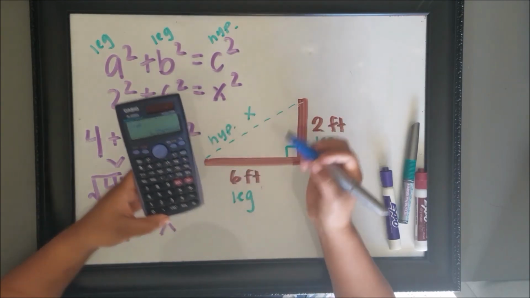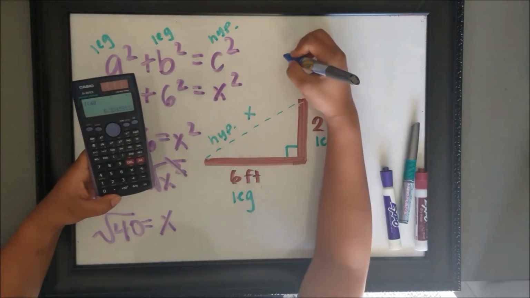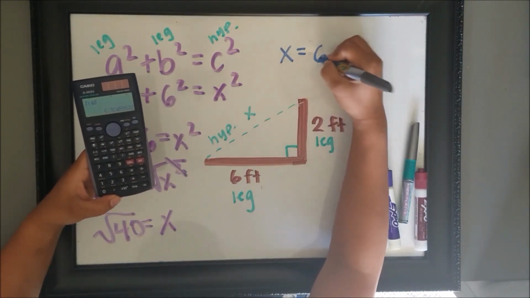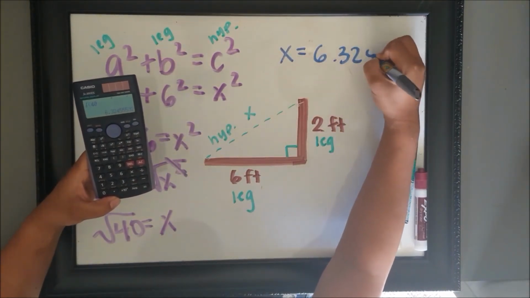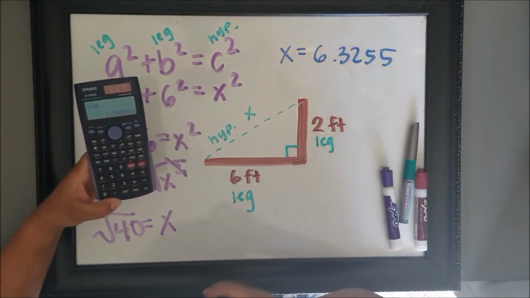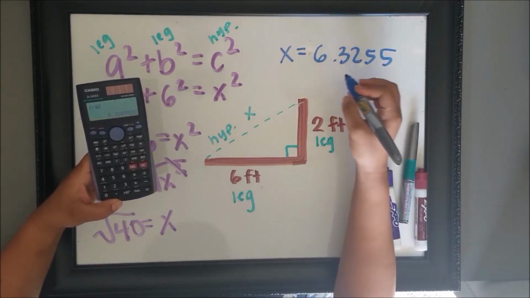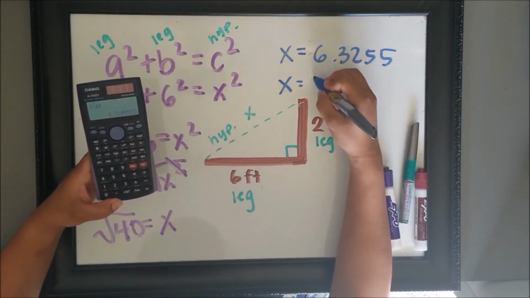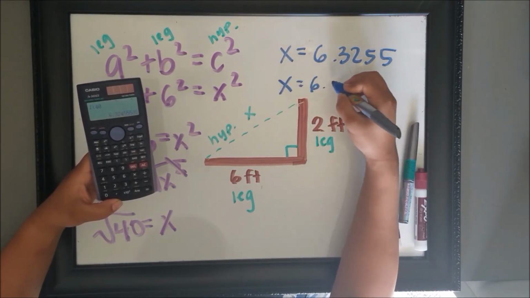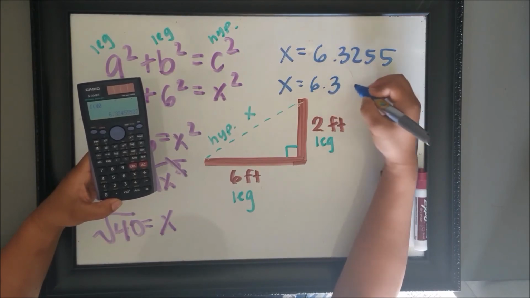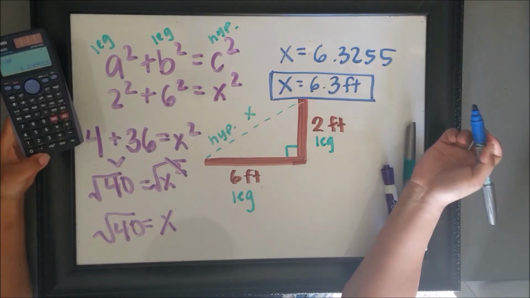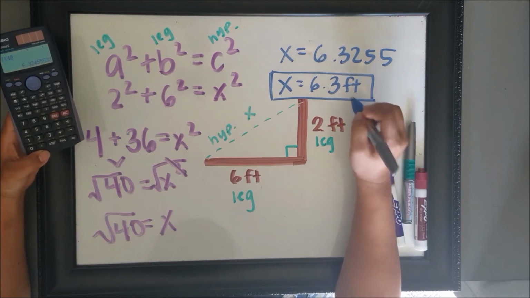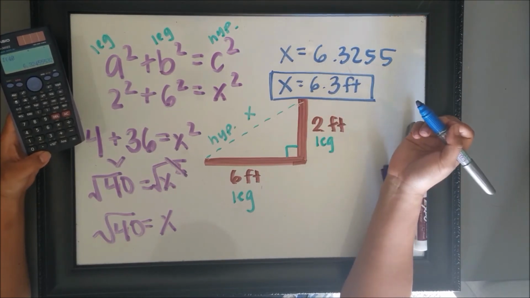That equals 6.3255, and I can round that over. So I'm going to get a piece of wood that is 6.3 feet.